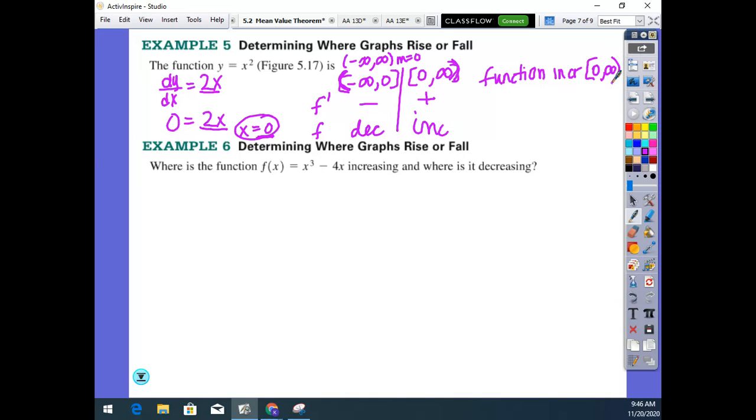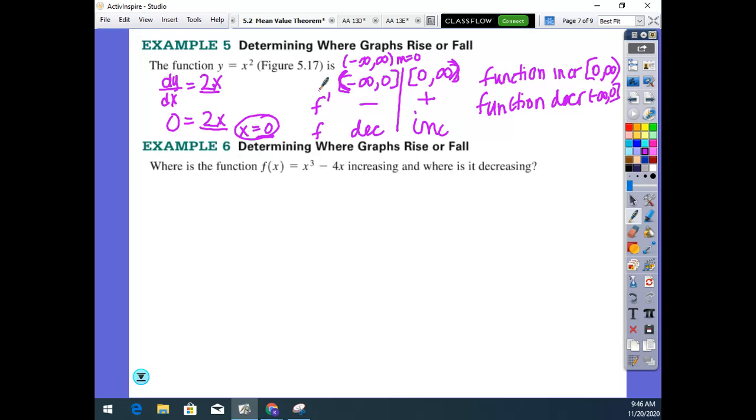From 0 to infinity. And the function decreases from negative infinity to 0. So we take the derivative, find where it does not exist or equals 0, create your sign charts, and then we make a statement based on our information.